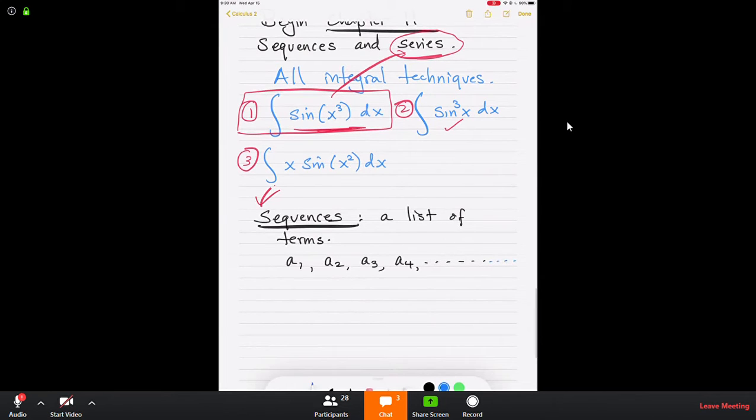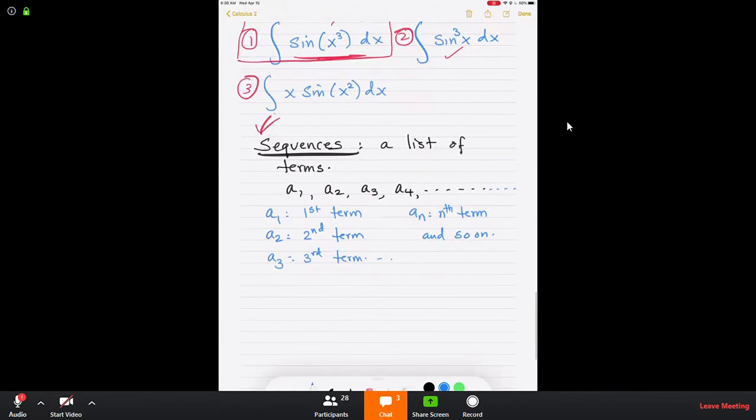So this goes on forever. And we are going to give the notation that A1 is the first term, A2 is the second term, A3 is the third term, and of course An is the nth term of the sequence, and so on.